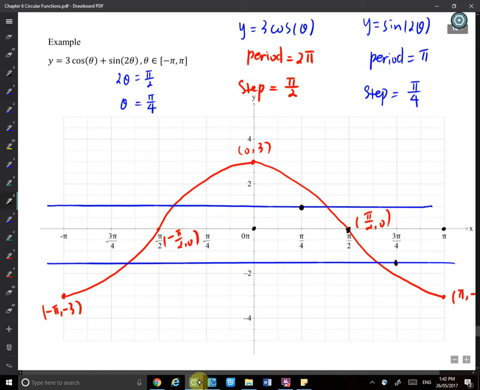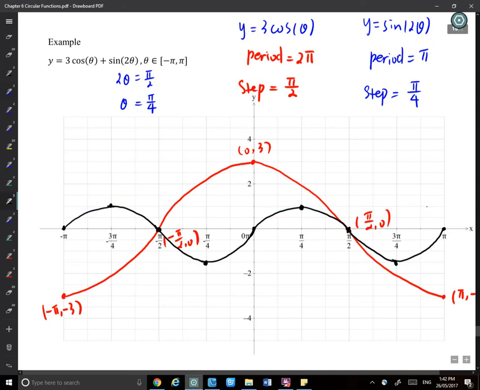Keep going in that direction: you have minimum, maximum, and minimum. If you complete this graph, some graph like that.